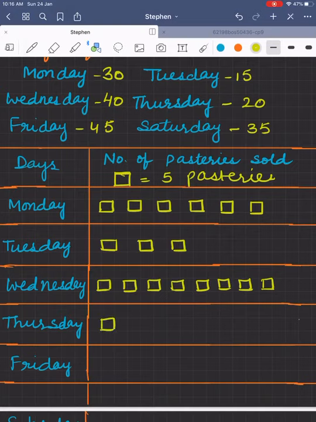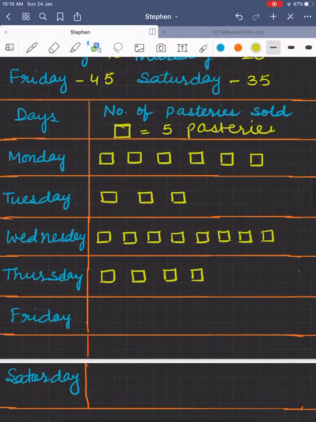So we draw here 4 squares. On Friday, 45 pastries are sold, so 9 squares represent 45 pastries as 9 fives are 45. So we draw 9 squares.